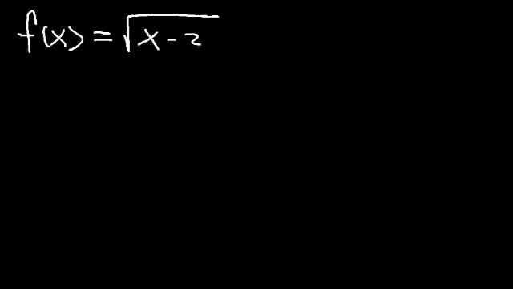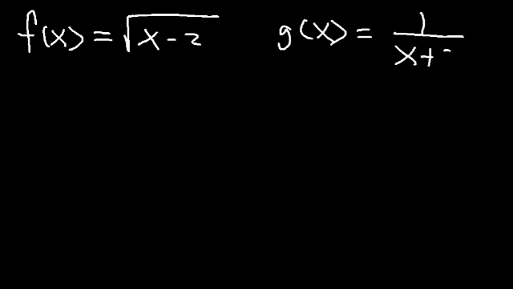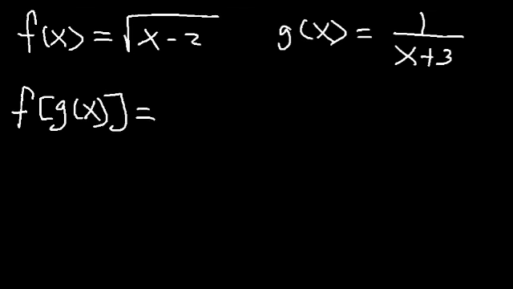Let's try another example. Let's say f of x is equal to the square root of x minus 2, and g of x is equal to 1 over x plus 3. Find the composite function f of g of x and determine the domain for the composite function.